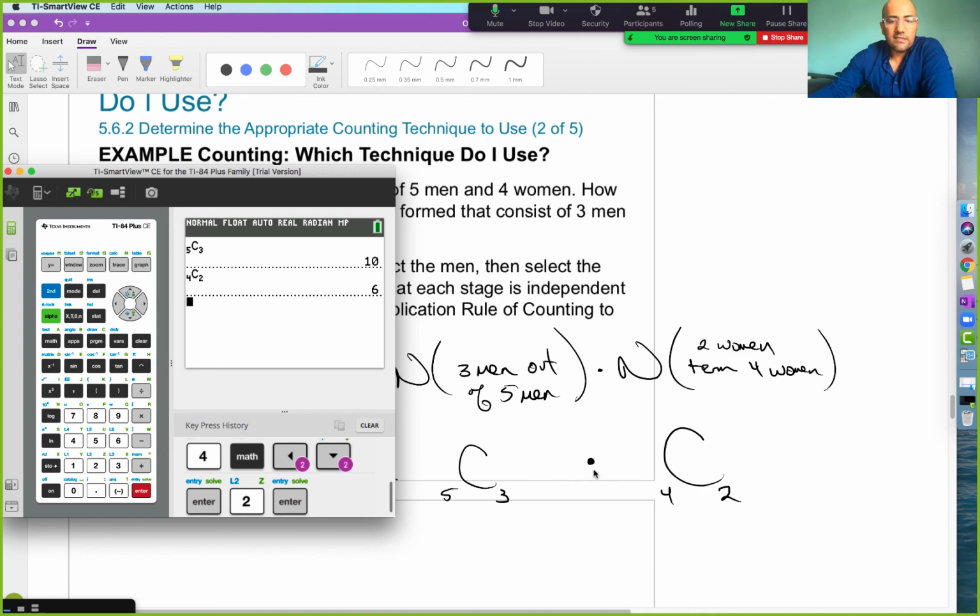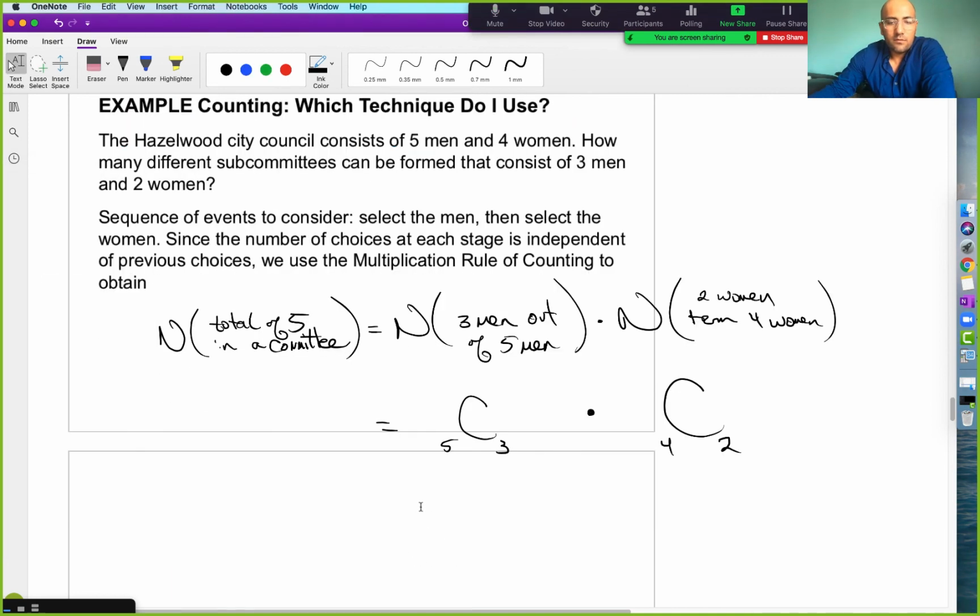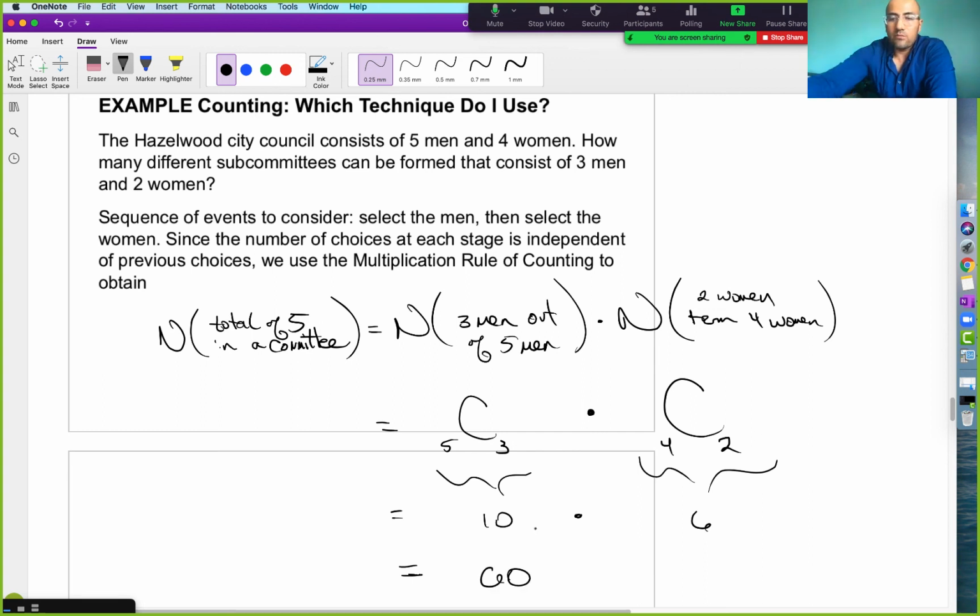So we get a 10 and a 6. This is 10 times this is 6. There are 10 ways to choose 3 out of the 5 men, but the order does not matter. Again, you're not choosing the same person more than once. And so there's a total of 60 ways in which you can create this subcommittee of 5 people, where 3 are men and 2 are women, from an original pool of 9.